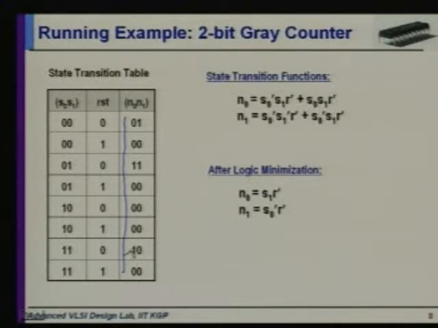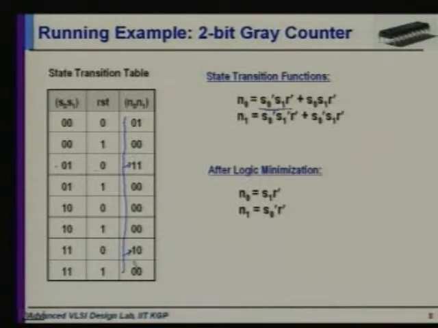We have a 1 here and we have a 1 here. Now when do we have a 1 here? When S0 is 0, S1 is 1 and reset is 0. So that is what we have written here, S0 dash S1 R dash.